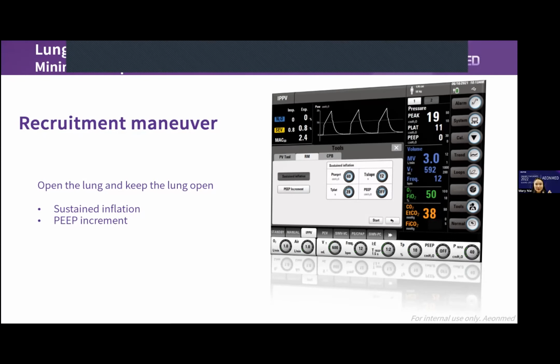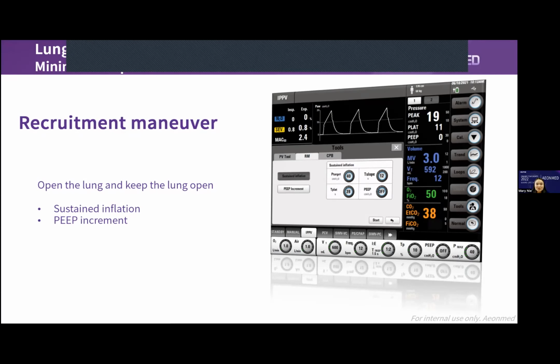Like I need 5 cycles, starting from 5 centimeter water, and I add 5 centimeter each time, 5 plus 5 plus 5 and plus 5. And finally, I will individually open my lung and then keep my lung open.